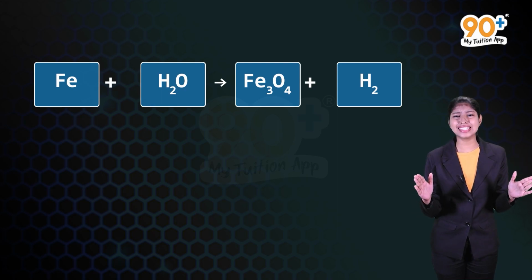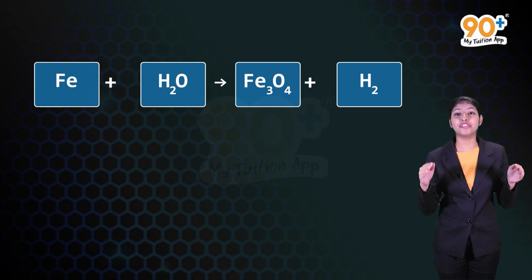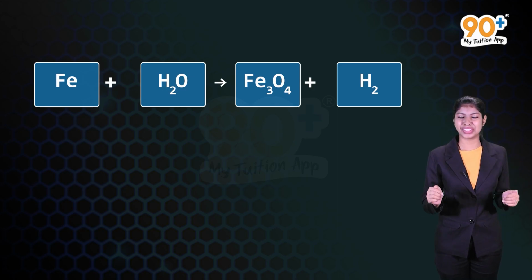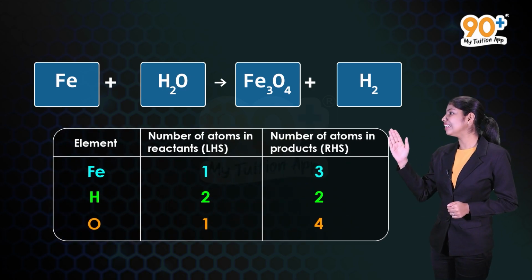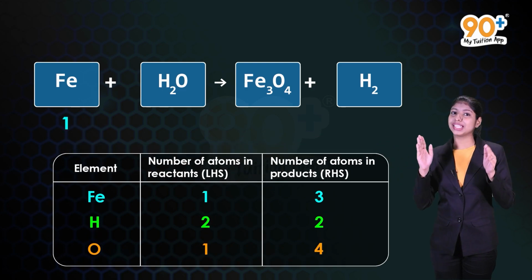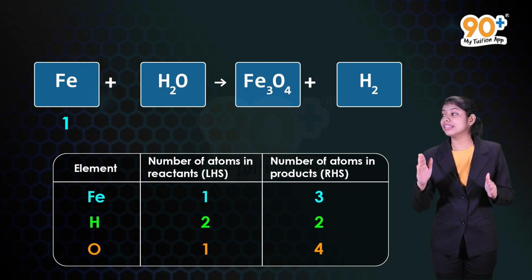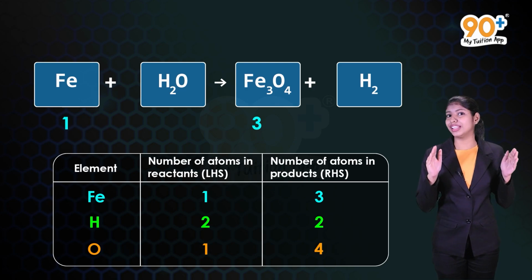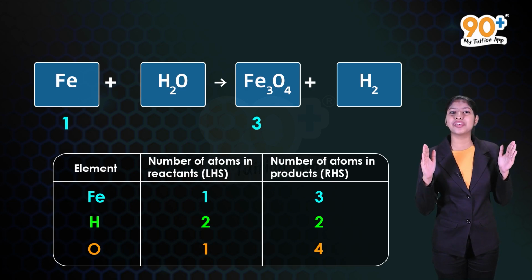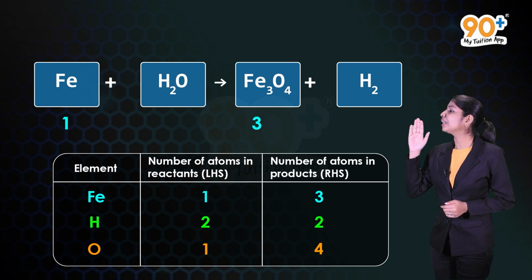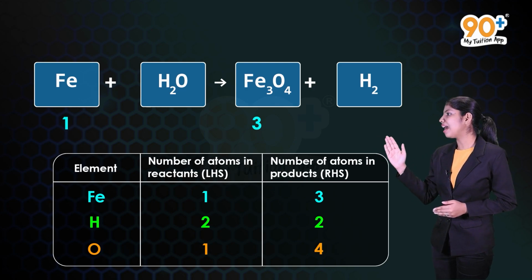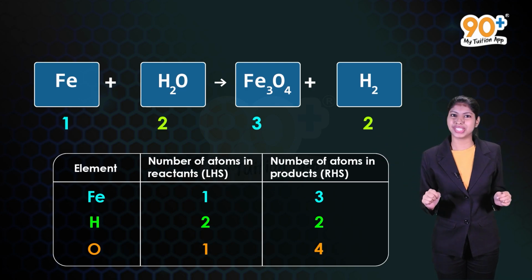Now, let's list out the number of atoms of different elements present in the unbalanced equation. Here you can see there is only one iron atom on the LHS, whereas 3 iron atoms are present on the RHS. In the case of hydrogen, both LHS and RHS contain 2 hydrogen atoms.